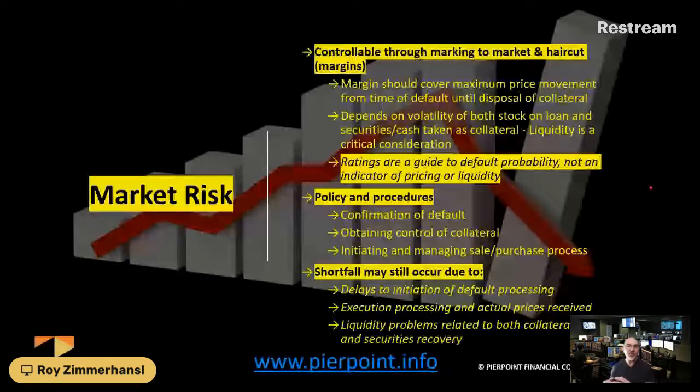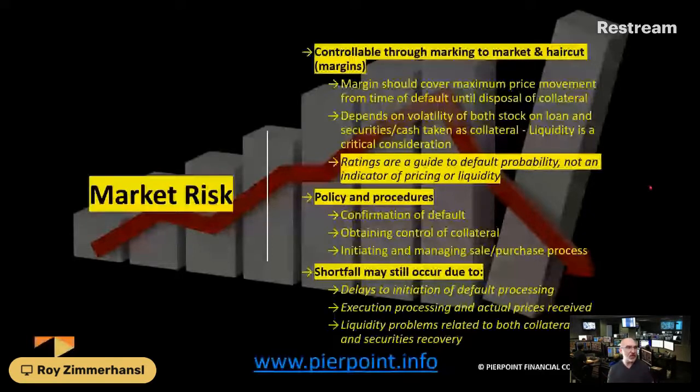There might be difficulties in the practical steps of getting control of the collateral that you have. There might be delays in communicating the positions to whoever's going to be doing the trade execution. So there are lots of issues that may still impact you.